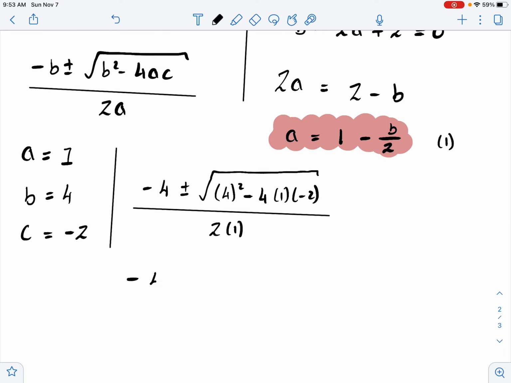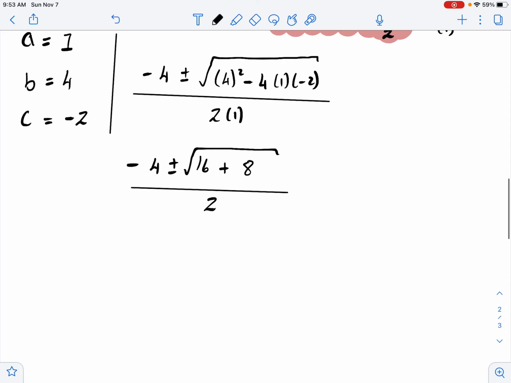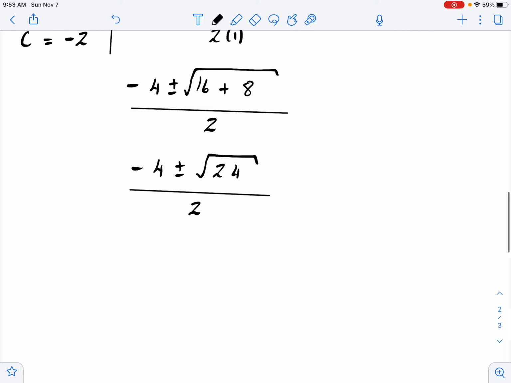Minus 4 plus or minus the square root of 4 squared is 16. I have a double negative here, minus 4 times minus 2, so that's plus 4 times 1 times 2, which is 8, all over 2 times 1 is 2. 16 plus 8, so I have minus 4 plus or minus the square root of 24, all over 2.